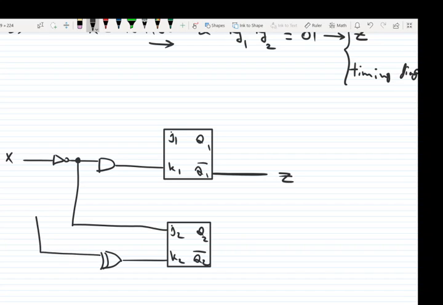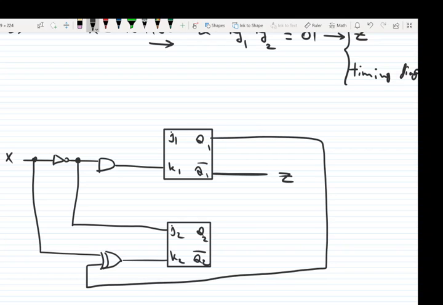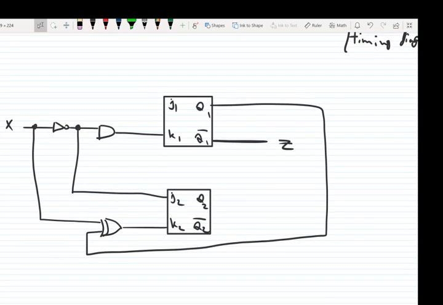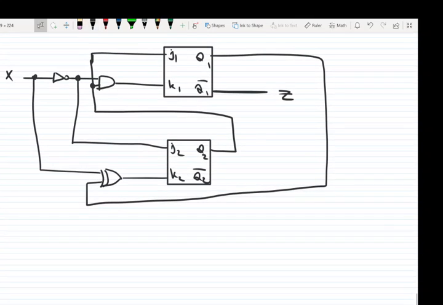The first input of the XOR gate is connected to X. The second input of the XOR gate is connected to Q1, and Q2 is connected to the second input of this AND gate and also J1. That's it. So this one is the circuit, and of course we have the clock, which is connected to both flip-flops.